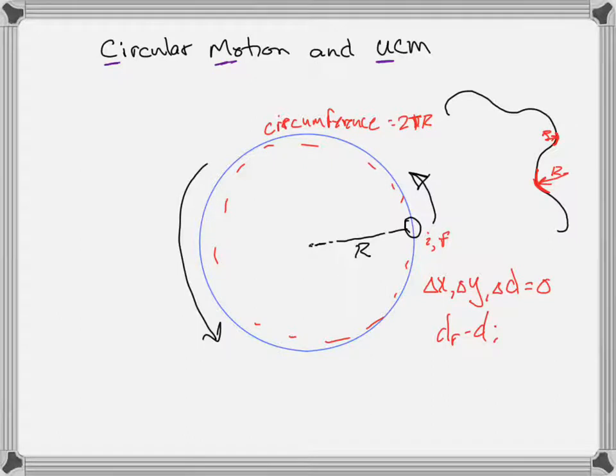And so for something going in circular motion, it will go a distance of 2 pi r in a full circle, but it'll have a displacement of 0. So we're just talking about the kinematic variables and how we can describe the circular motion using distance, displacement, velocity, speed, and acceleration.